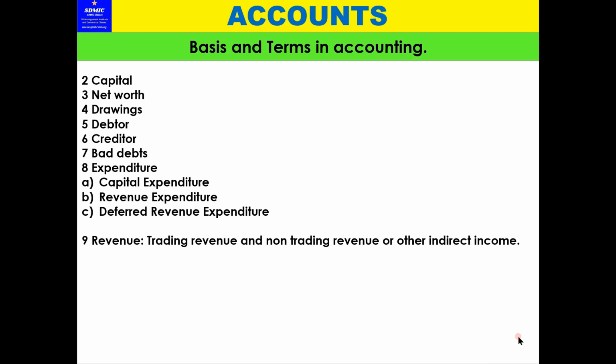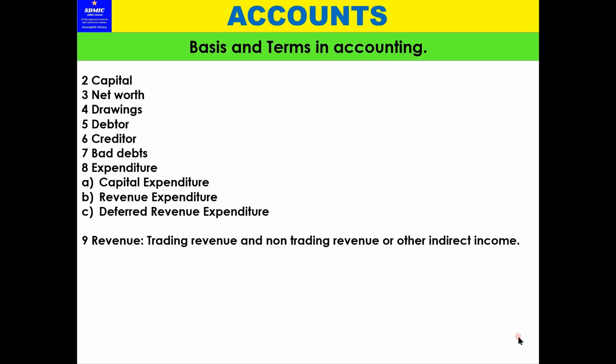Now revenue, what is revenue? Revenue means income, trading revenue and non-trading revenue or other indirect income. Trading means operating, any sales, purchase and other, total sales minus total expenditure is called revenue.